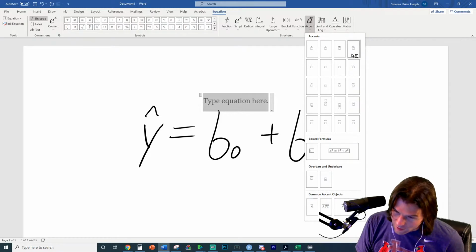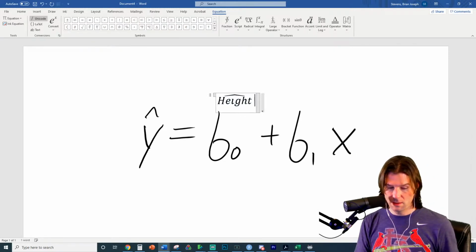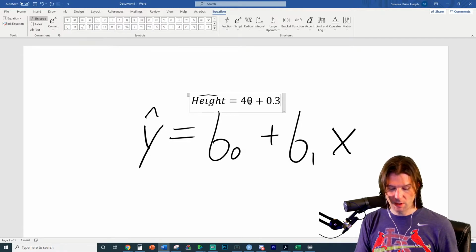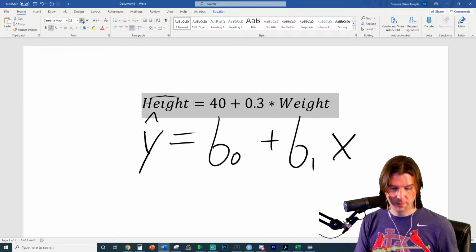Someone's predicted height is equal to 40 plus 0.3 times weight.